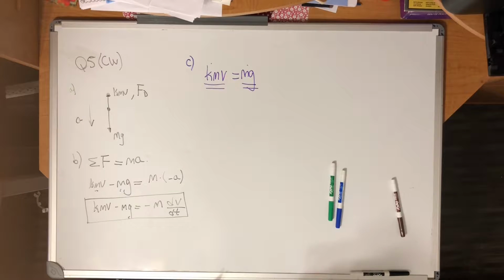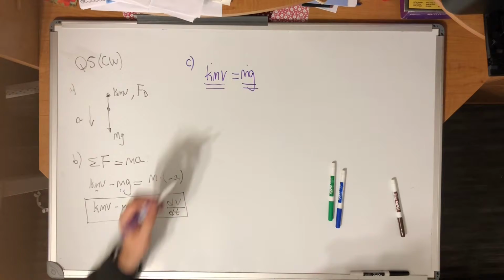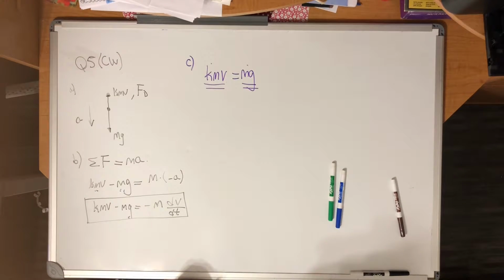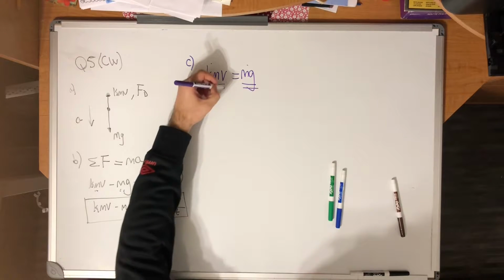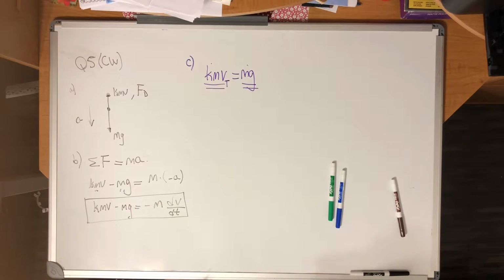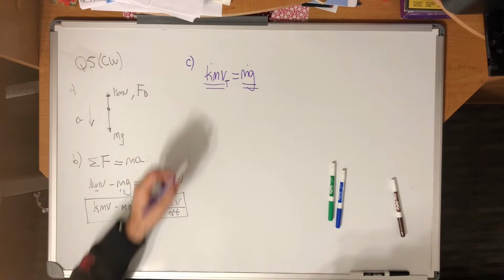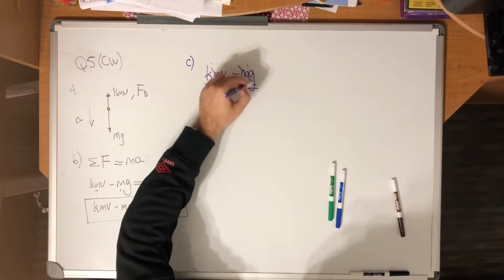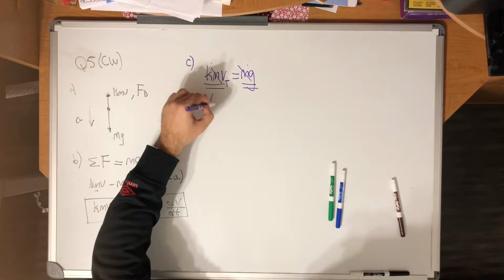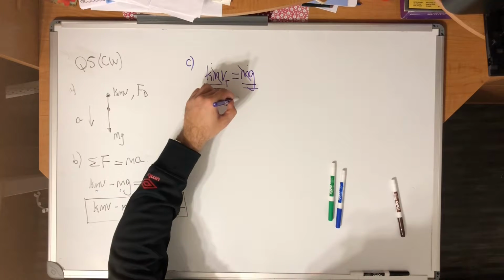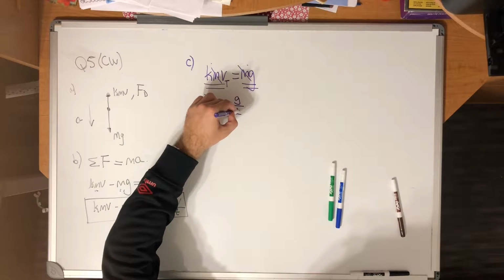So in this case, what are they asking for? Terminal velocity. So terminal velocity is this guy, and we just change the name of this guy to vt. And you simply solve this for vt. And you have m on both sides, then they cancel out, so your vt will be what? g over k.